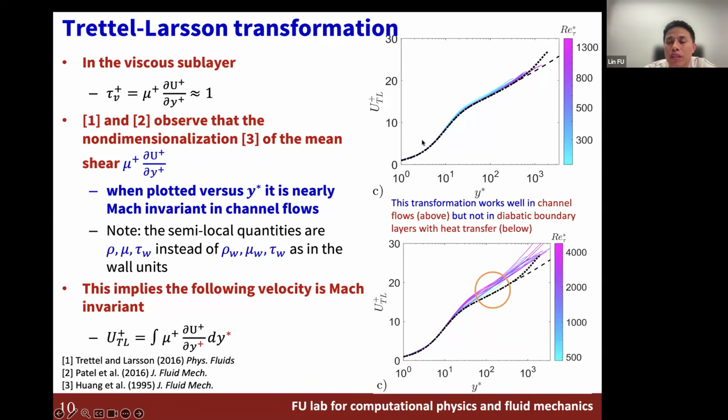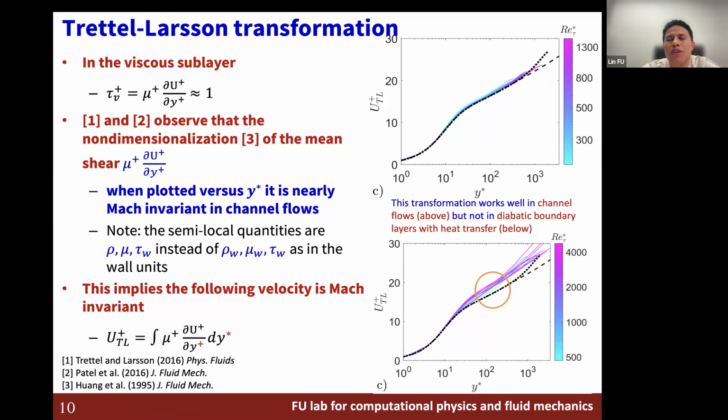We all know that in a channel you have a linear distribution of the total shear stress. So this transformation works perfectly for channel flow, but for boundary layers with heat transfer, you still get a strong deviation. However, when we re-examine all the derivation, we figure out that the assumption in the near-wall regime, in the viscous sublayer, should work perfectly as expected.